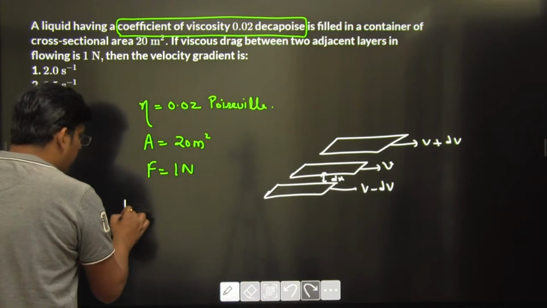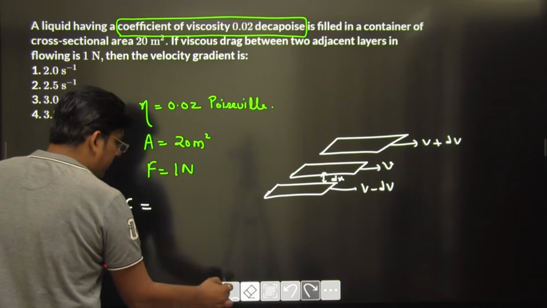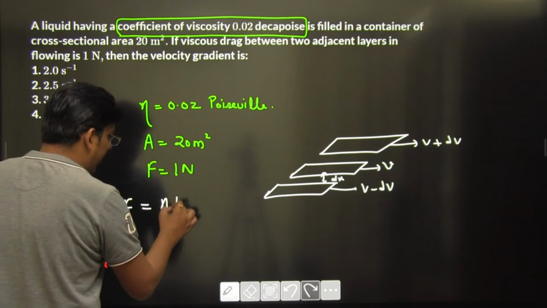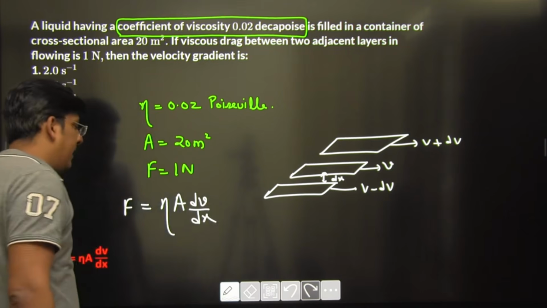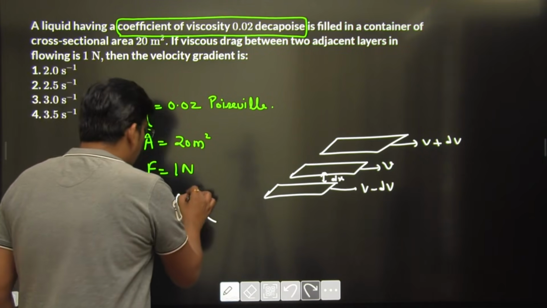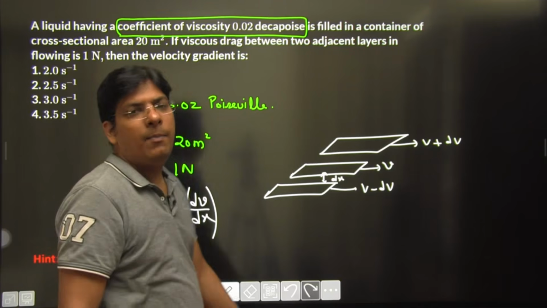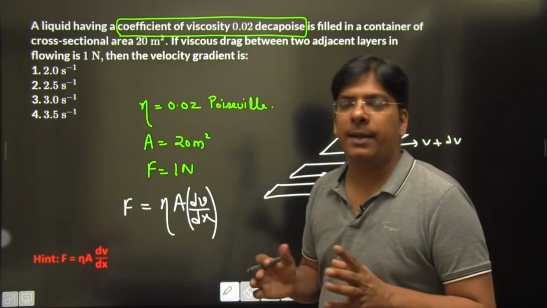Then each layer opposes the motion of the other with a force equal to, obviously this force is negative, indicating that it opposes the motion, eta A dv by dx. Force is given, eta is given, A is given. We are asked to find the value of dv by dx, the velocity gradient. I have not used the negative sign, I'm just finding the magnitude.